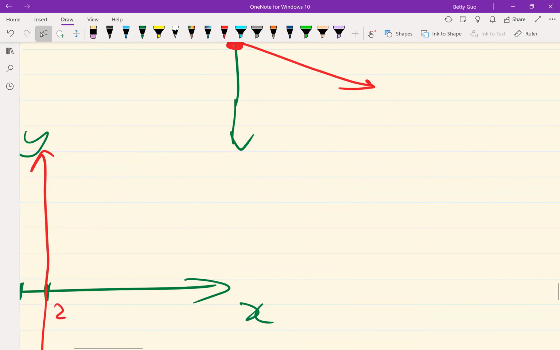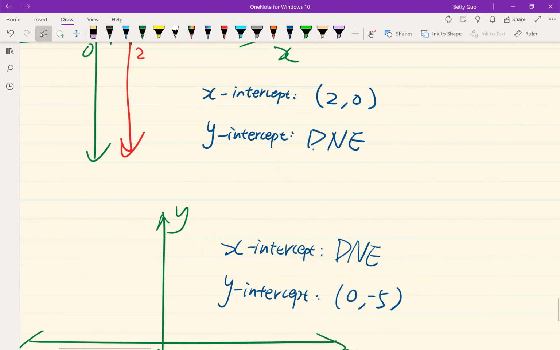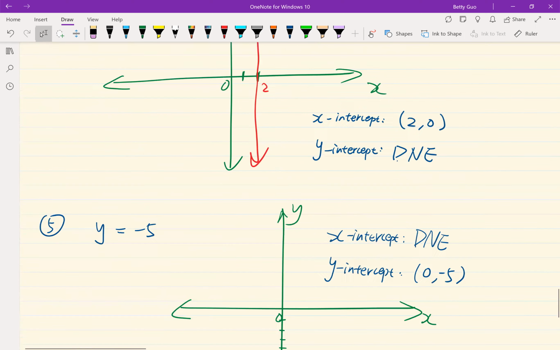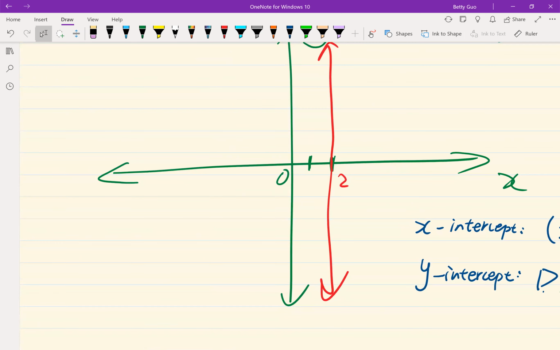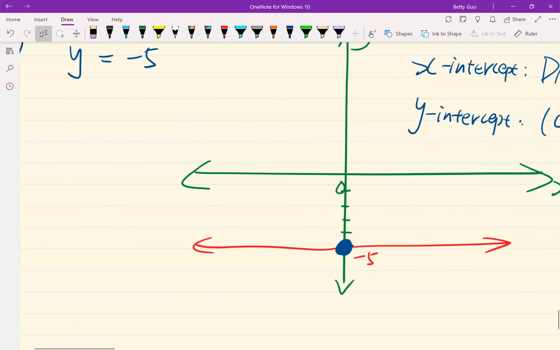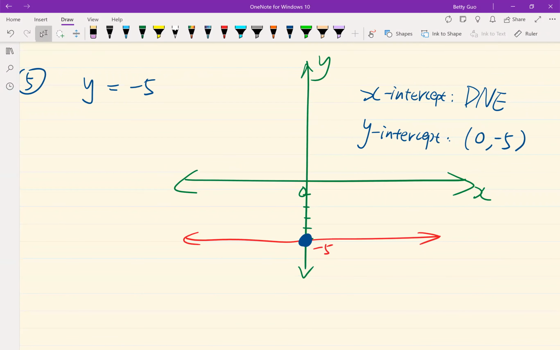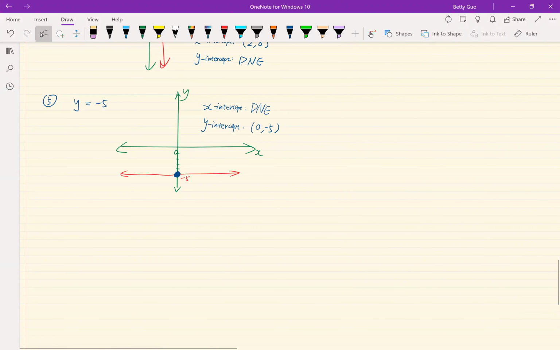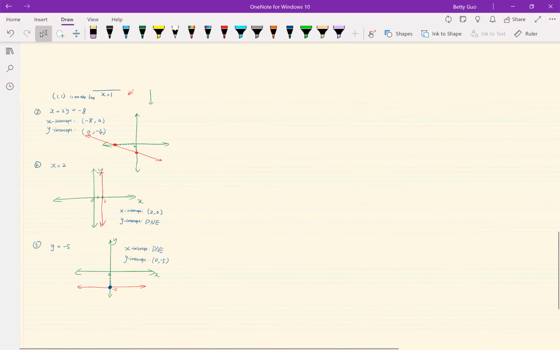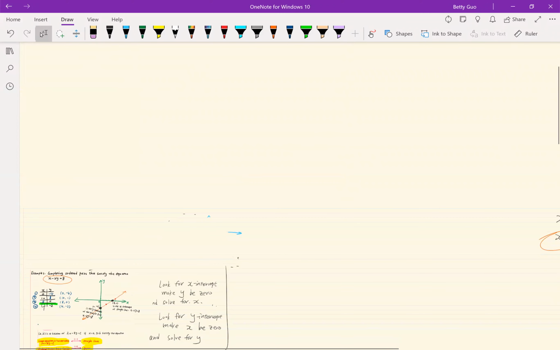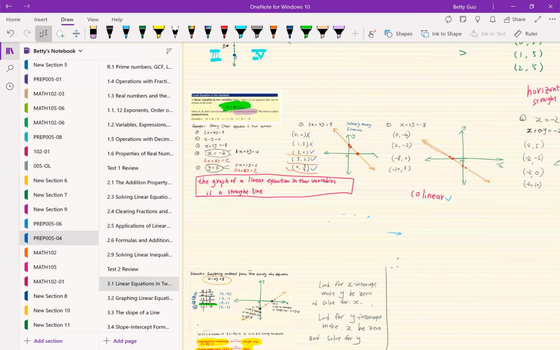And we also see the x-intercept and the y-intercept for a vertical straight line and for a horizontal straight line. So this example includes all the cases. Any question about that? No? Okay. I think we can move to the next section now. That is 3.1.